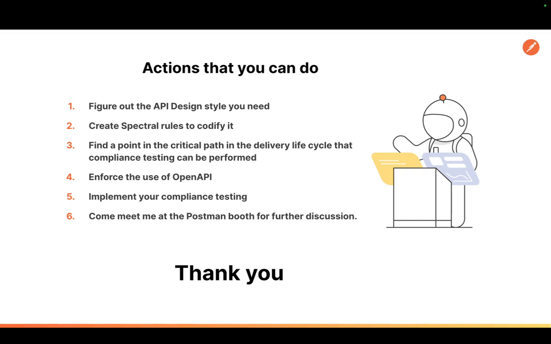For example, Postman collections can be transformed to OpenAPI. That's something that we use a lot within Postman. We create and design and we test using our collections, and then we create an OpenAPI out of it. Then all you need to do is actually implement your compliance testing. Thank you.